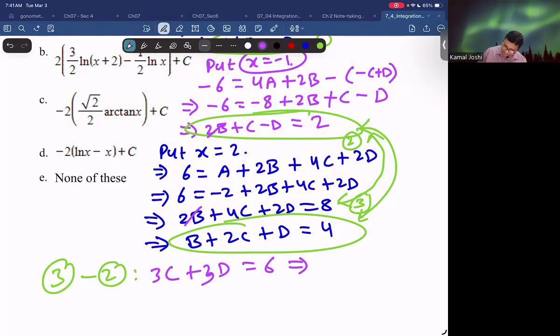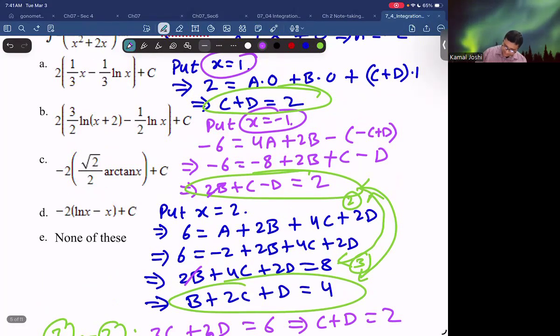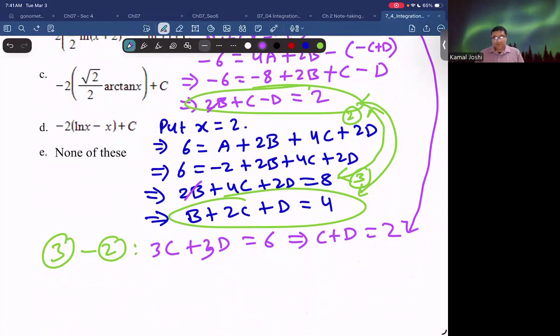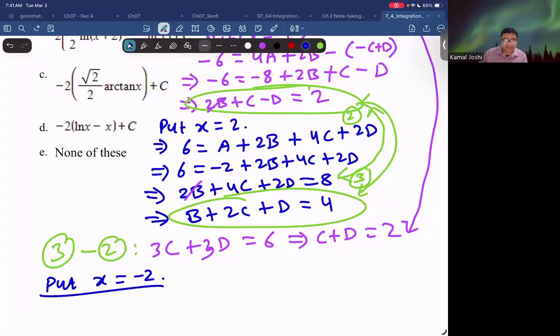And if you divide by 3, you get c plus d equals 2, which is already an equation you have. So if you combine two equations and it produces the third equation, they are not independent. The moral is we have to substitute one more value of x. Put x equals minus 2. You need to get independent equations.